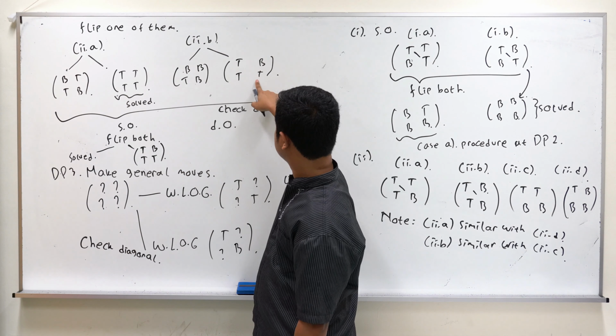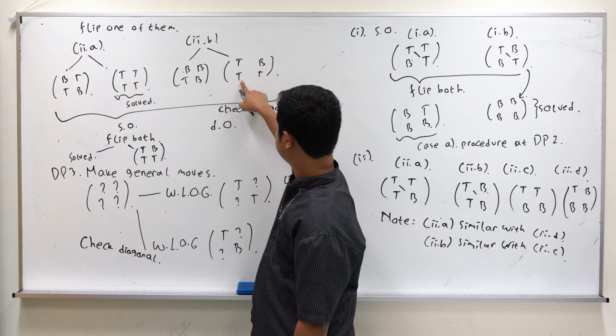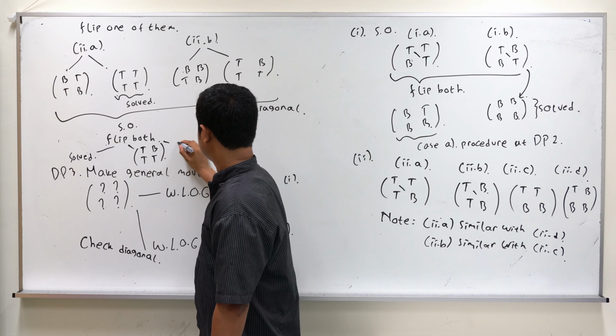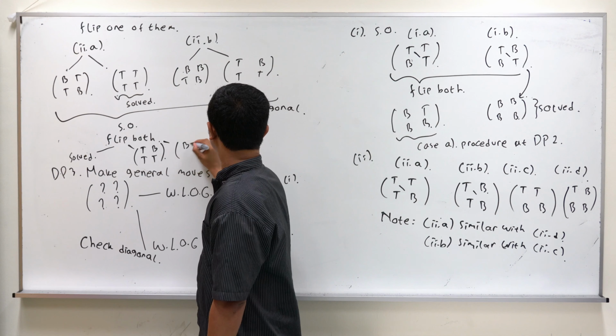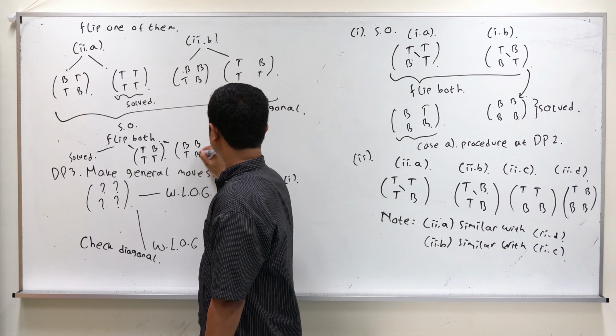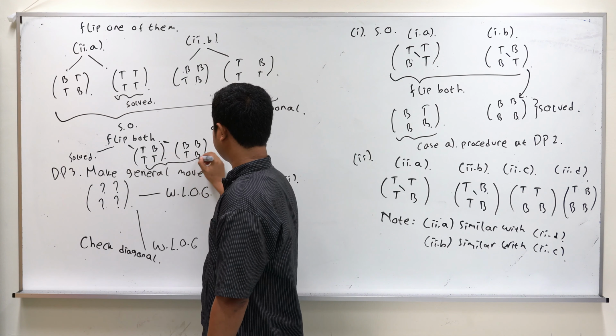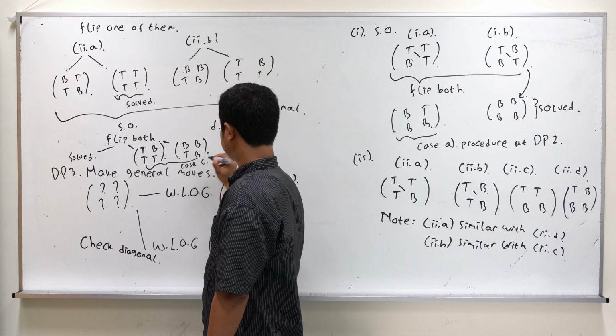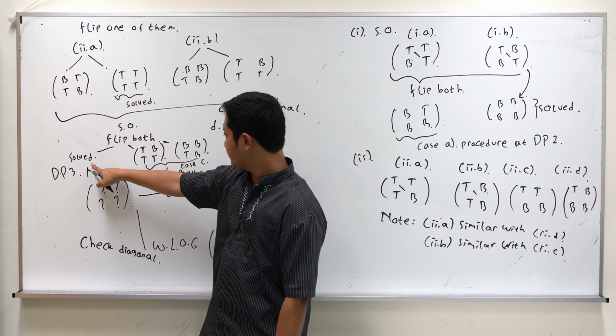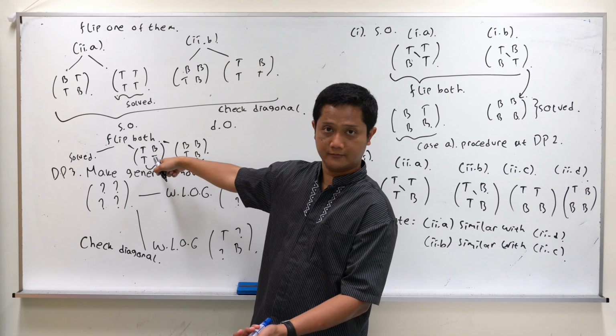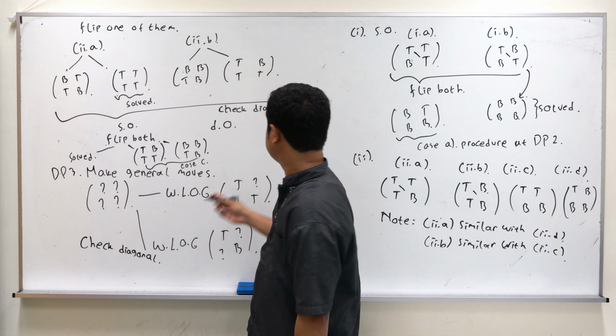This case BB, TB. Oh, both are KC. So if the light is not on, then we do KC procedure.